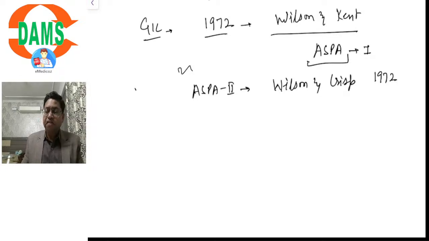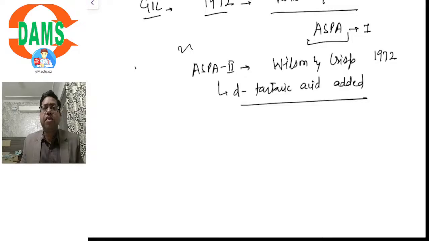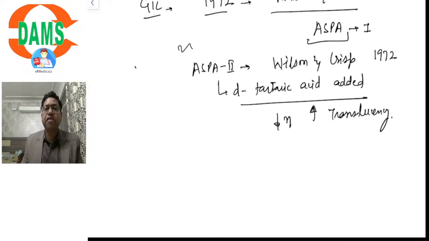ESPA-2 was different from ESPA-1 in that dextrotartaric acid was added to it. This tartaric acid decreased the viscosity of the cement and increased its translucency. Increased translucency means the cement was more aesthetic as compared to ESPA-1.